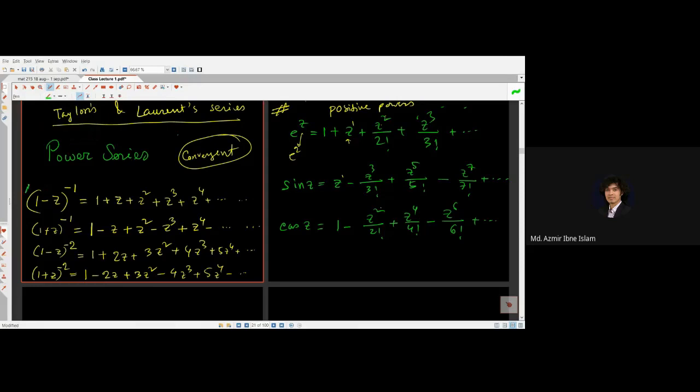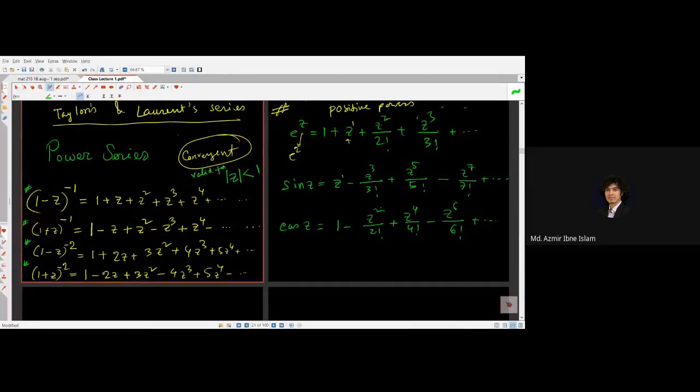Whatever series I have written here, all these will be convergent for some domain. So this series will converge if we have modulus of z less than 1. That means all these series will give us a finite value. It may be a complex number finally.